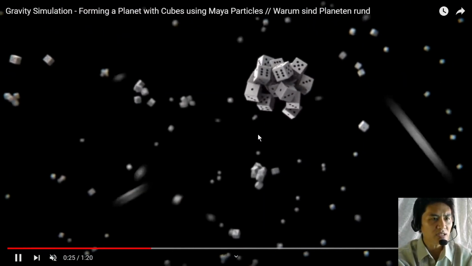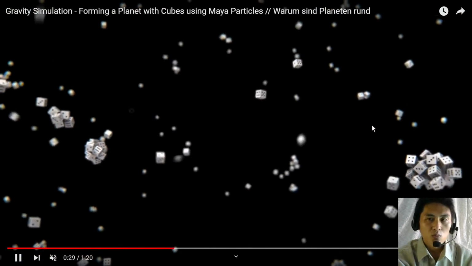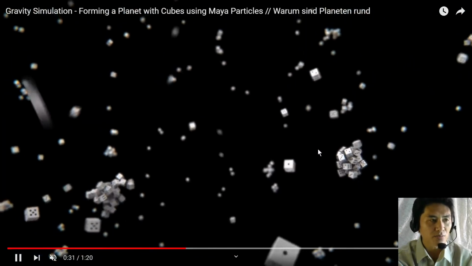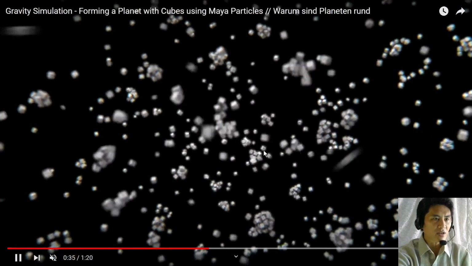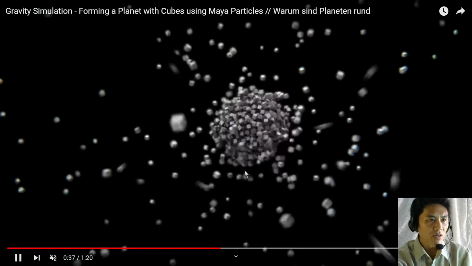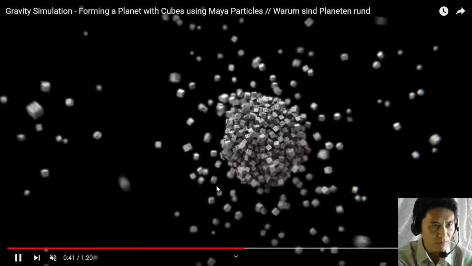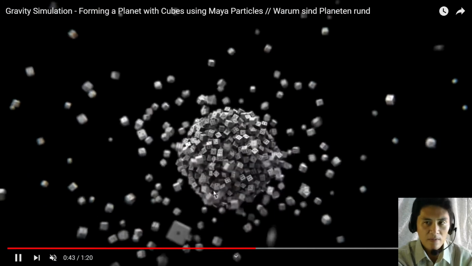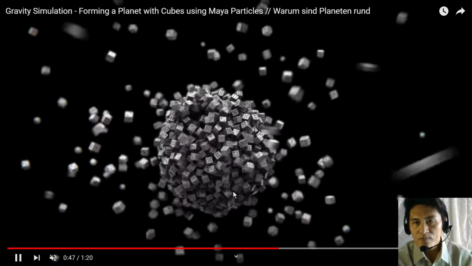And if you notice, no matter how randomly they are distributed, the particles, because of gravity, will always clump together. So you see, the particles are now starting to clump together. And the particles that are bigger also clump into even bigger particles. See? And guess what you form?